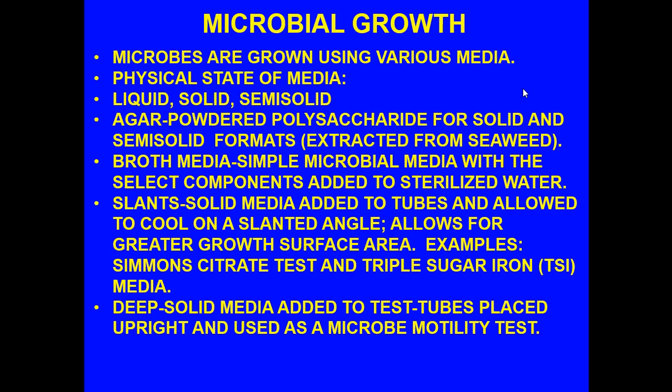Instead of a short little circle of growth area at the top, you'll have a much more elongated area, sort of like an oval. That allows for greater growth surface area. Examples of this would be the Simmons citrate test and the triple sugar iron media test.